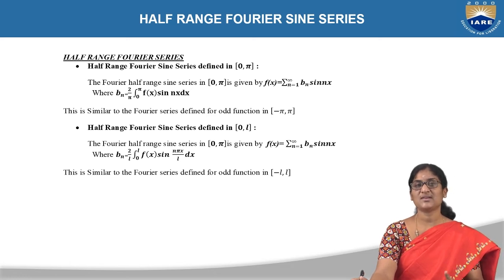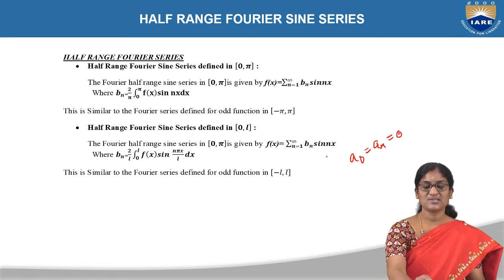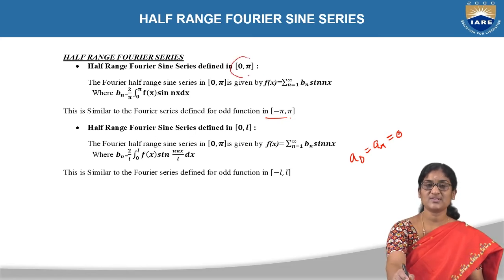Only one value is enough to find the half-range sine series. In the half-range sine series, the two Fourier coefficients a0 and an both become 0. This is similar to the Fourier series defined for an odd function from minus pi to pi. Here I have taken the interval 0 to pi.